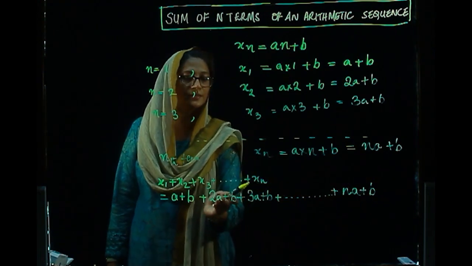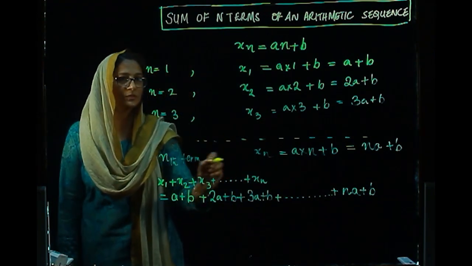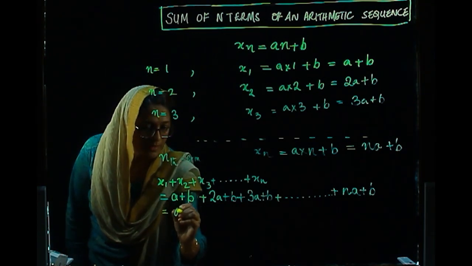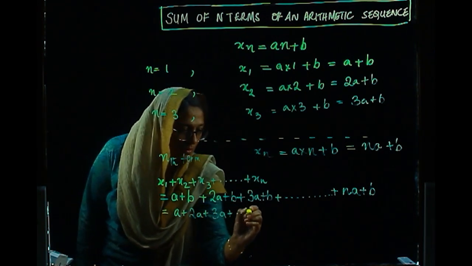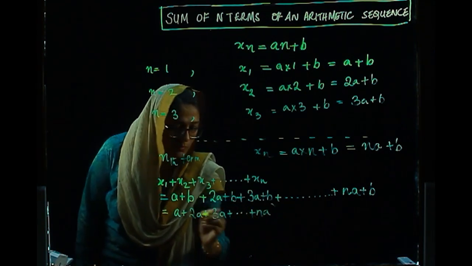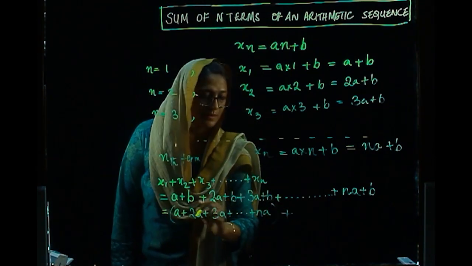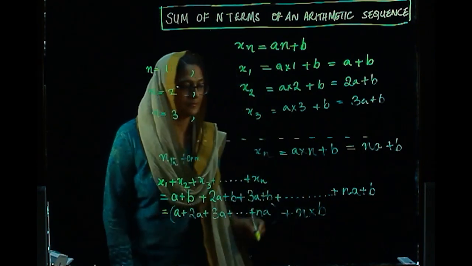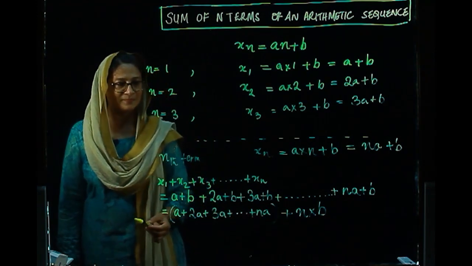So there are n b's in this expression. So I will split this into two parts and write it as a plus 2a plus 3a plus so on plus na in one part, and the rest of the b's, there are n b's, so I multiply n times b.